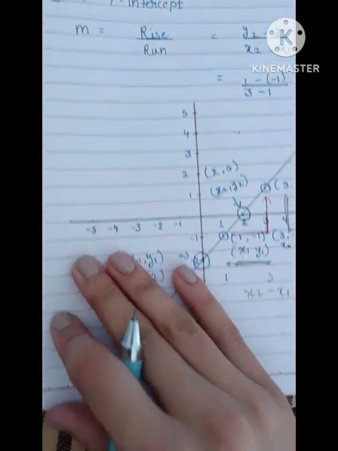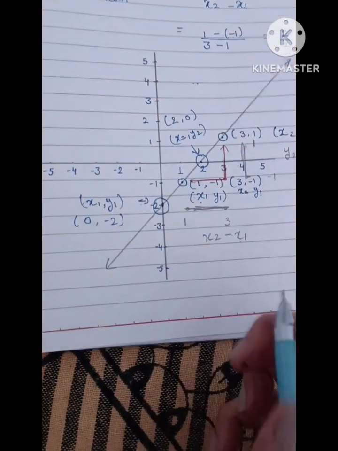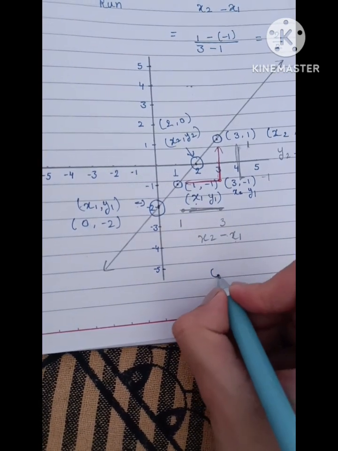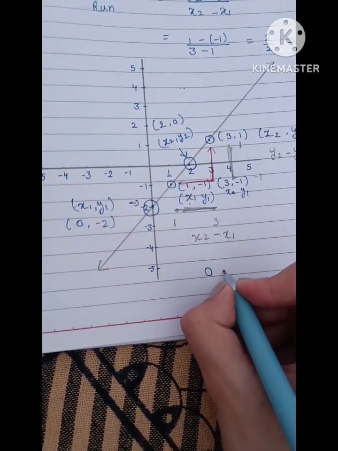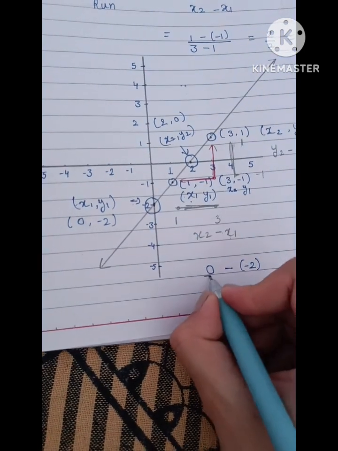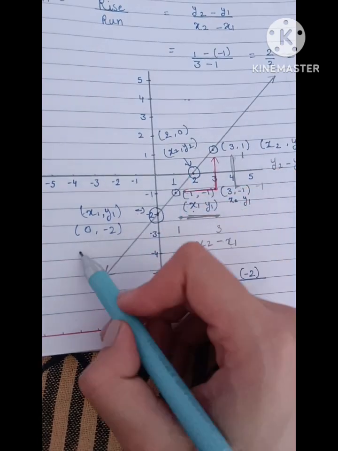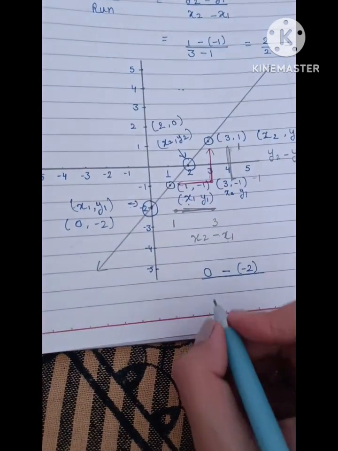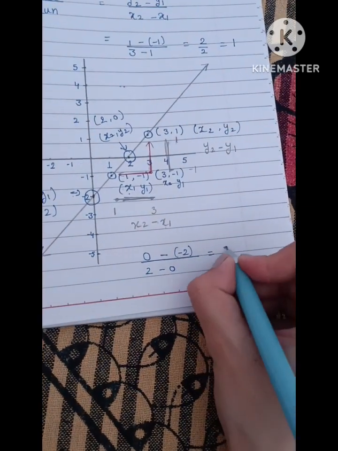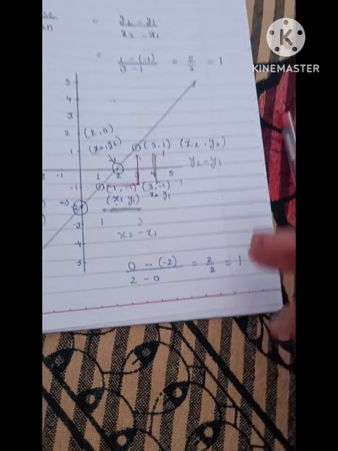So again we are going to put this in the formula, y2 minus y1, which is 0 minus minus 2, and x2 minus x1, 2 minus 0, which would give you 2 upon 2, which is again 1, the same answer.